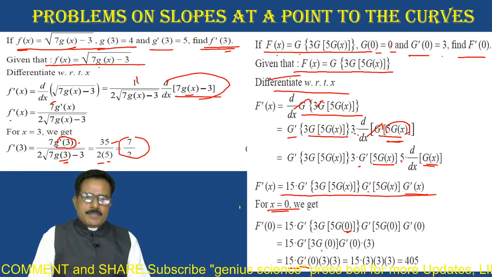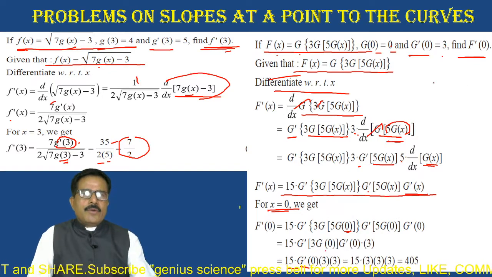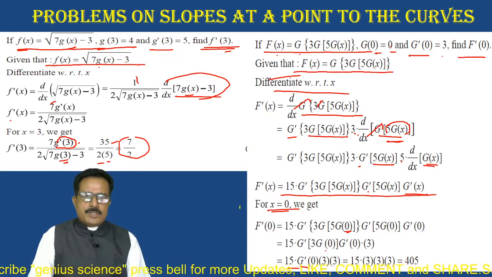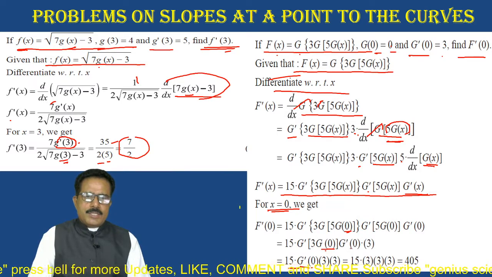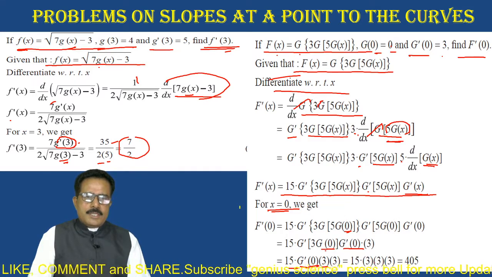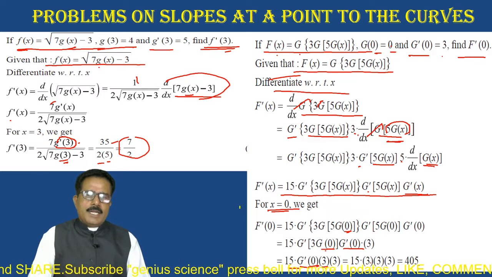Again put the values: we have given g dash of 0 is equal to 3 and g of 0 is equal to 0. So g of 0 is 0, 3 times 0 means 0, g dash of 0 means 3, and this is again 3. Again g dash of 0 is 3, therefore 15 into 3 into 3 means 405.